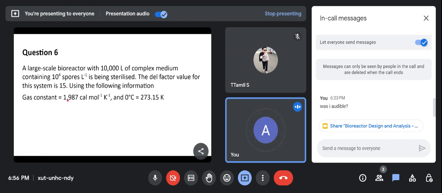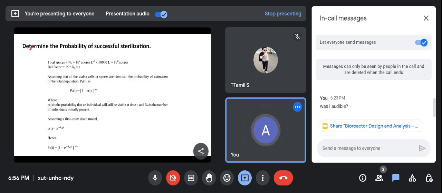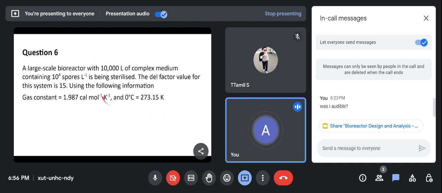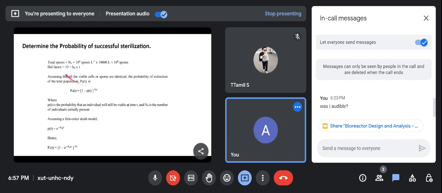A gas constant which is 1.987 cal per mole per Kelvin, and the temperature of 0 degree Celsius is 273.15 Kelvin. Now you have to find the probability of successful sterilization. And notice in this case that the temperature they have mentioned is 0 degree. No other temperature is being given to you. So 0 degree Celsius is the temperature that you have to take.